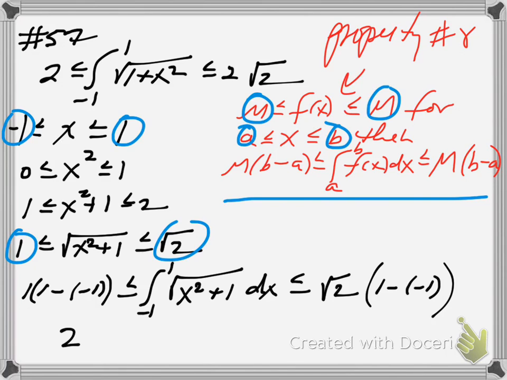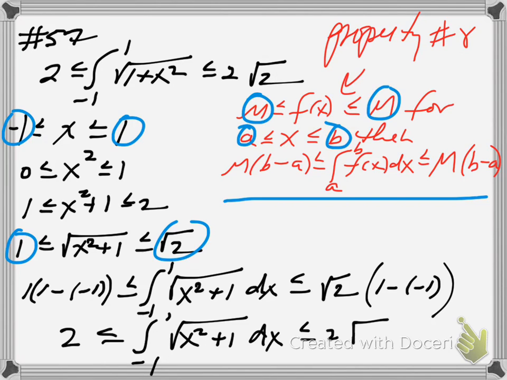And if I simplify all of that, I get 2 is less than or equal to my integral, which is less than or equal to 2 square root 2. Guys, it's just an exercise in proof is what it is.